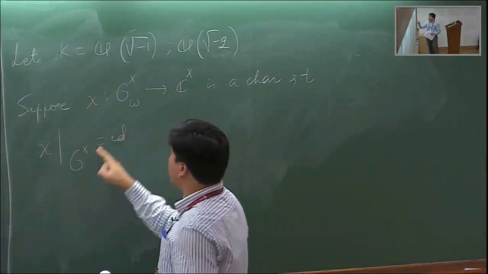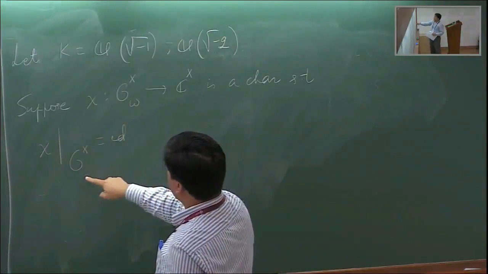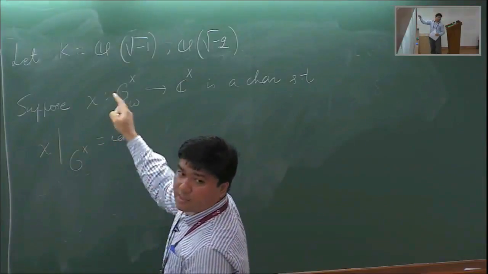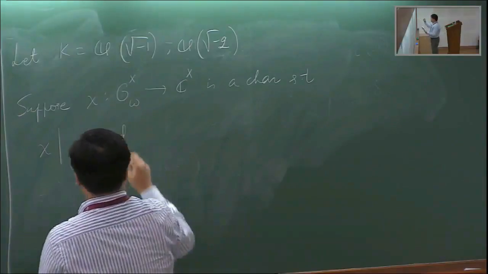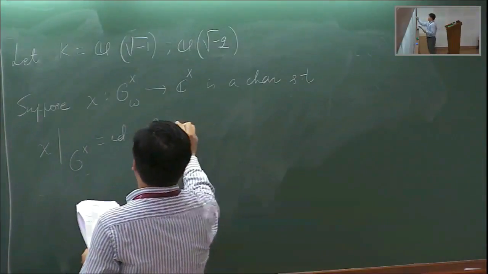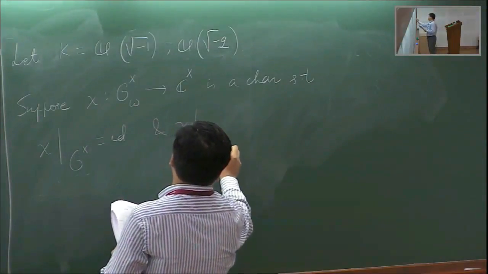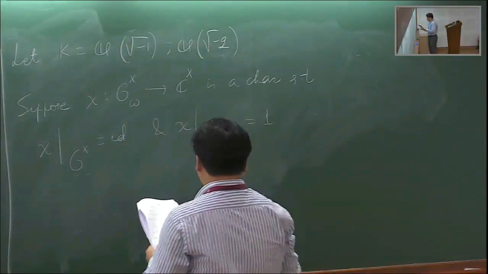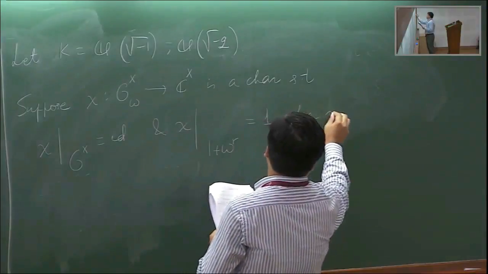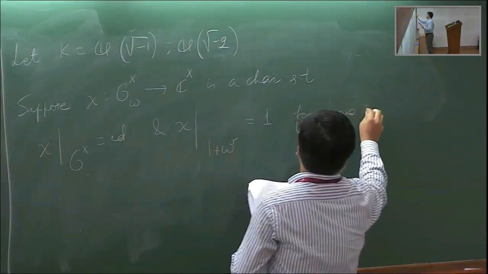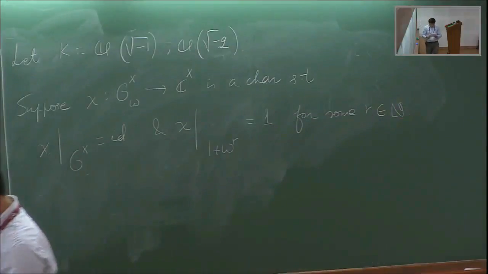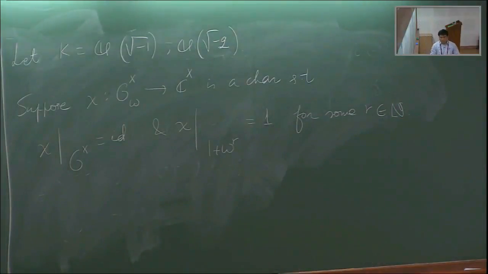O can be embedded inside O_W, and I'm looking at O star as elements of O and then inside O_W, the completion with respect to a prime. And chi restricted to 1 plus omega to the r is equal to 1 for some r.